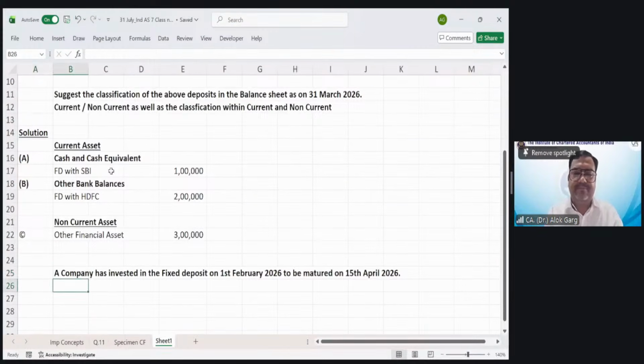Yes? Okay. This FD is made against a bank guarantee provided to a statutory authority.